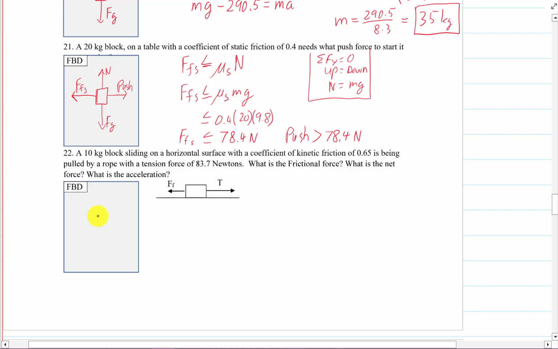Okay, so it's on a horizontal surface. That's the force of gravity. Okay, and it's pulled with a tension force of 83.7 newtons.